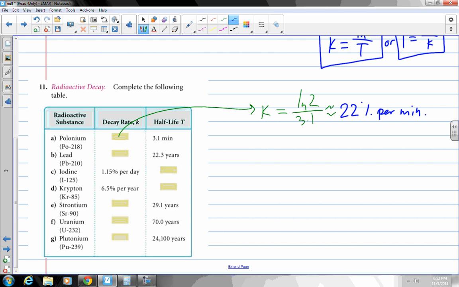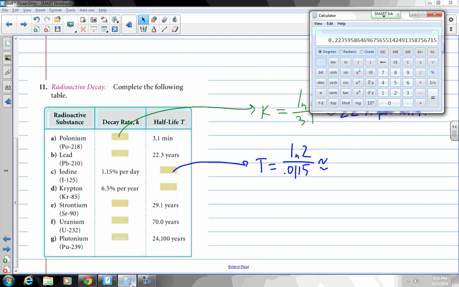At the same time, I can find the half-life of iodine, for example. The half-life of iodine will be ln of 2 divided by 0.0115, right? ln of 2 divided by the rate, which is whatever that is, 60.